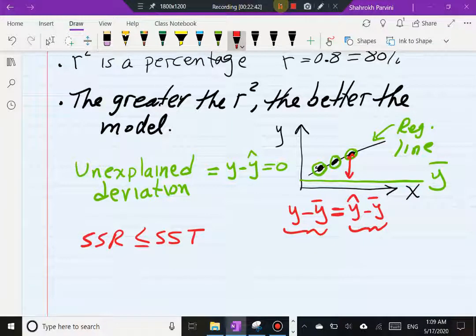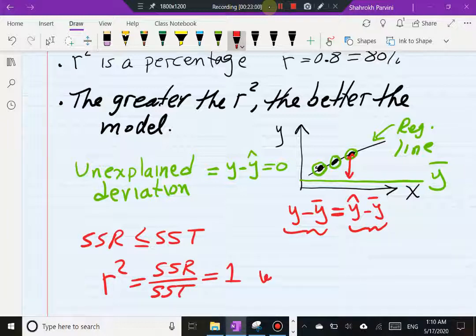The best case for SSR is to be exactly equal to SST. And when they're exactly equal, r squared, which is the ratio SSR over SST, is going to be 1. That's when SSR is equal to SST.